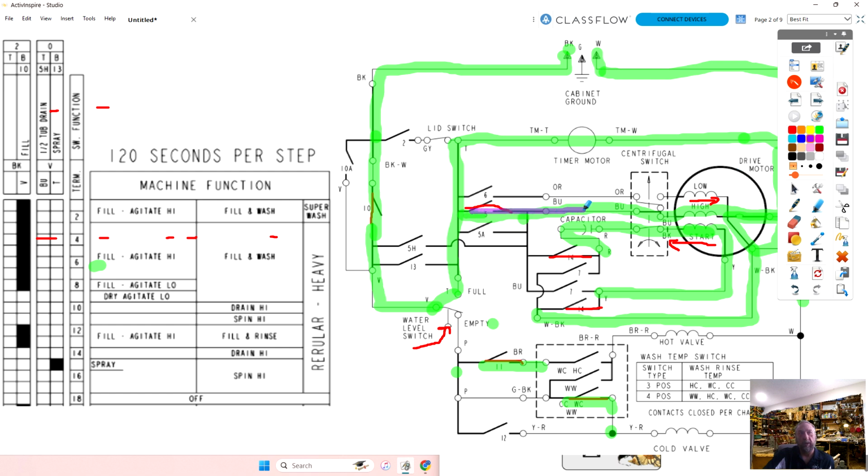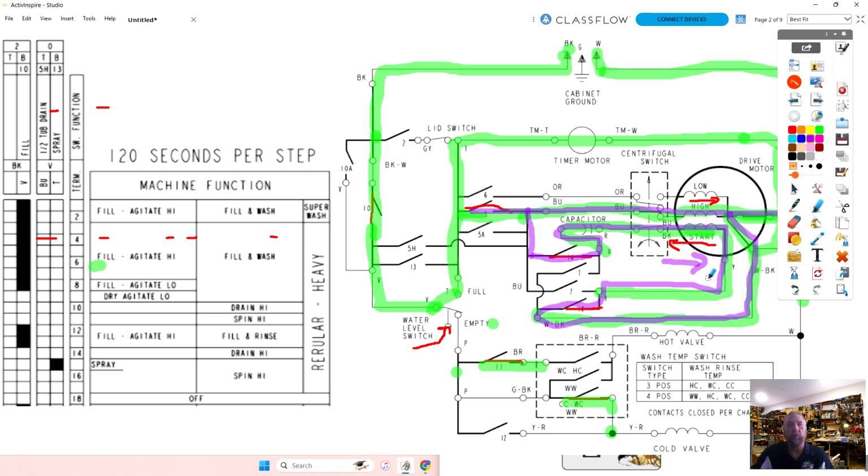Power still goes through the high speed in the motor. And if we come down here, number 7's not closed, so I can't go this way. So I'm going to go through 14. I go through the capacitor to the start winding and out through 14, and then out the same circuit. So now I've changed the direction through my start winding. What that does is it tells the motor, hey, run clockwise. Hey, run counterclockwise. So let's talk about this motor and then get back to the timer chart.